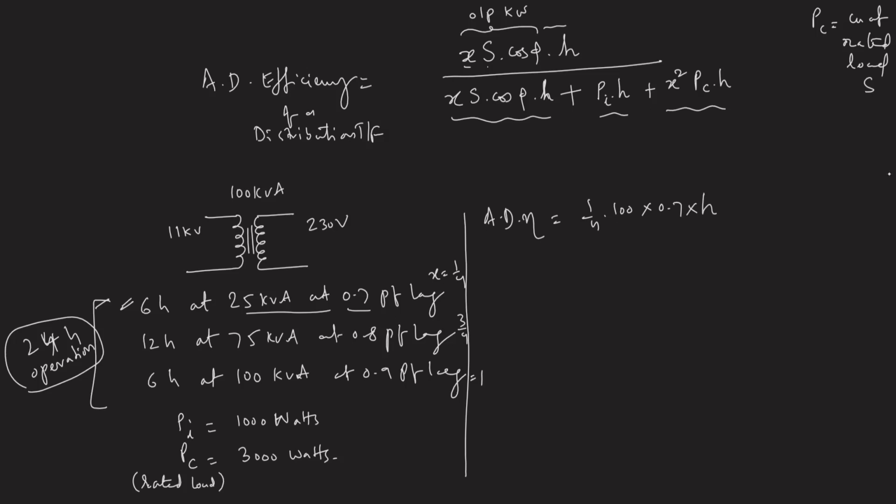So this is one output. The next one is 3/4 into 100 into 0.8 into 12 hours, plus 1 into 100 into 0.9 into 6 hours.